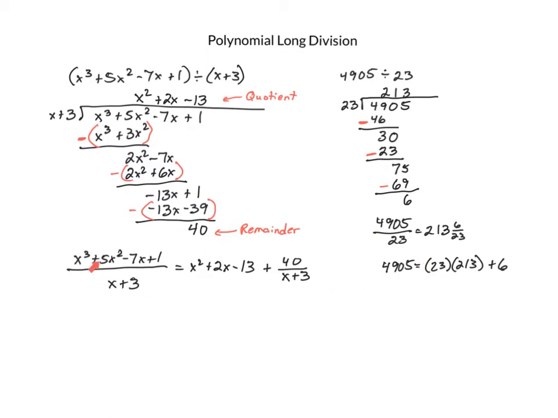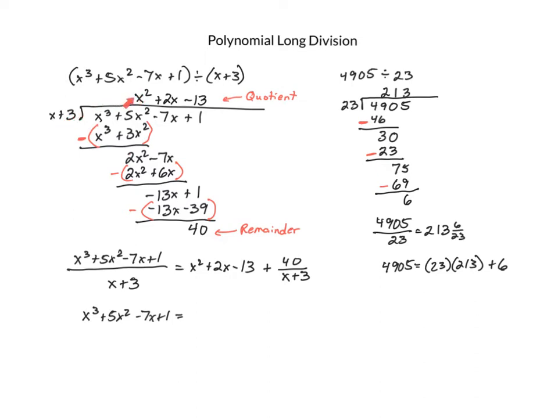We have this division of polynomials right here, or this fraction written right here, and now it could be written equivalently this way. The other way we could write it is that x cubed plus 5x squared minus 7x plus 1 is equal to the product of the divisor times the quotient.